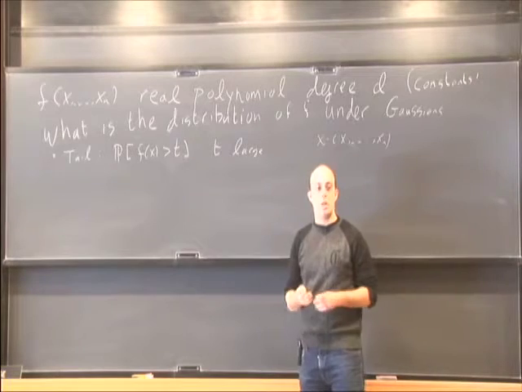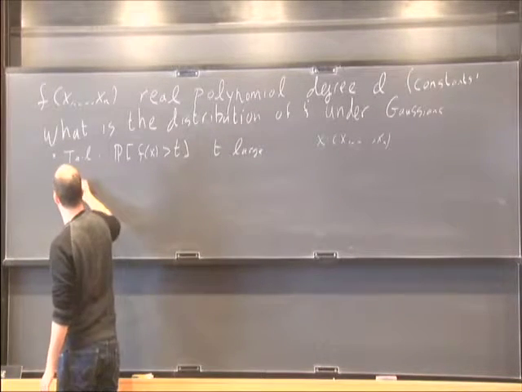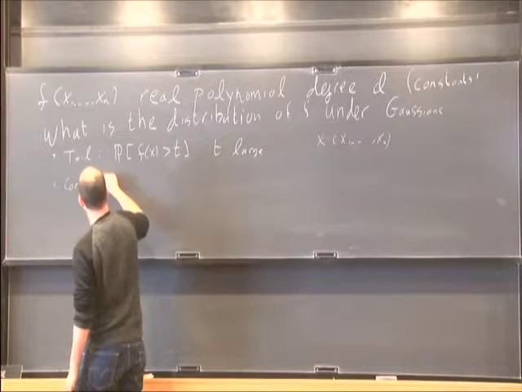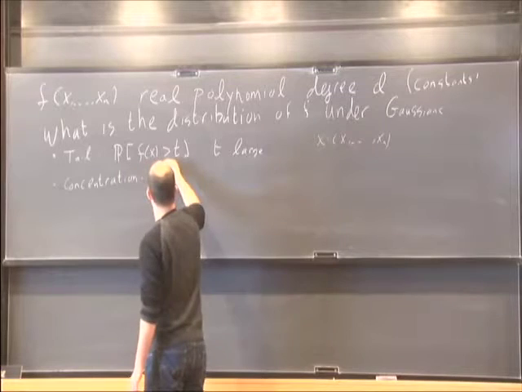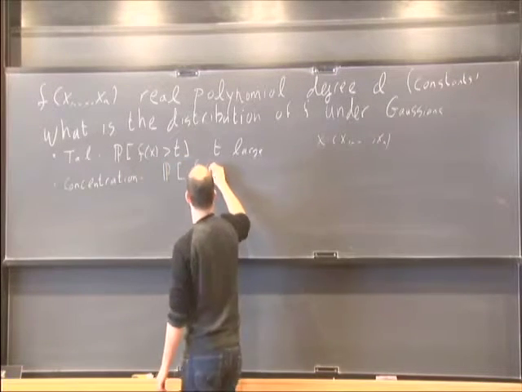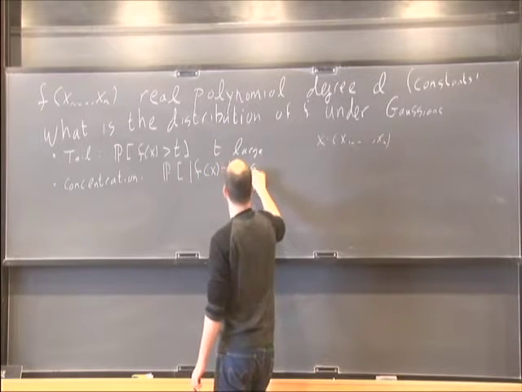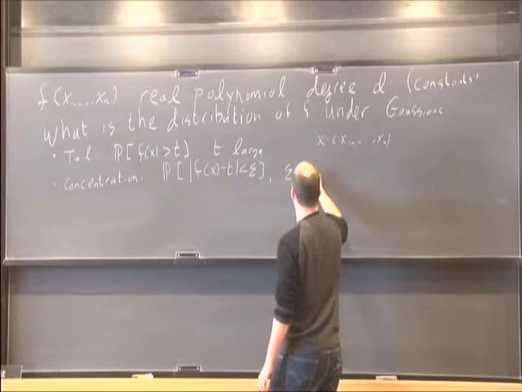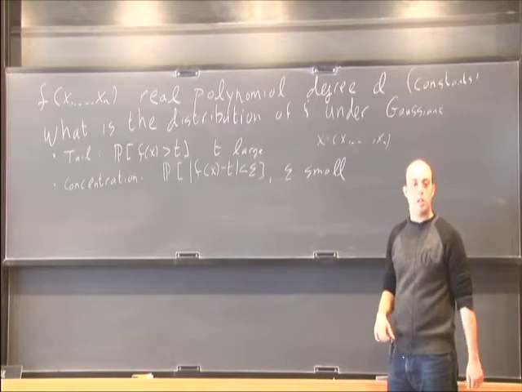The other question is about concentration, which is just the opposite: what's the probability that f is very close to some specific point, within epsilon, where epsilon is small?